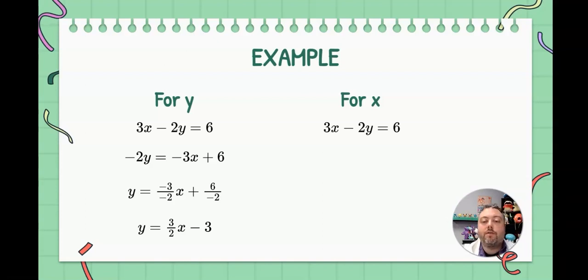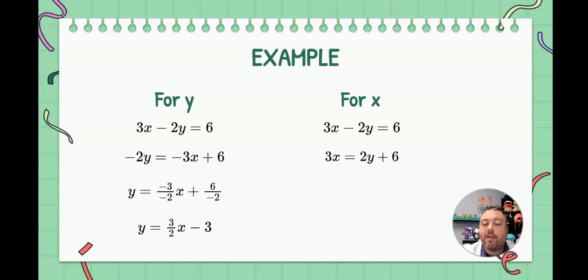Okay, what if we need to solve for x? Well, same idea, except now we want to start by moving the term minus 2y to the other side because it does not contain an x. In this case, though, I'm going to need to use the addition property of equality since it's a minus 2y. So I add it to both sides to get 3x equals 2y plus 6.